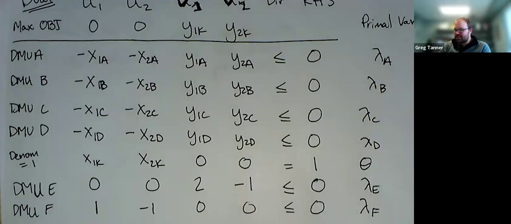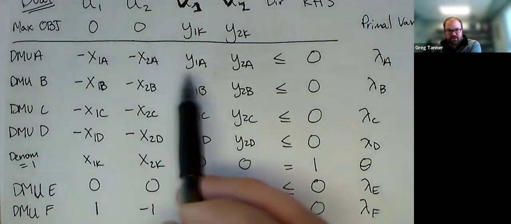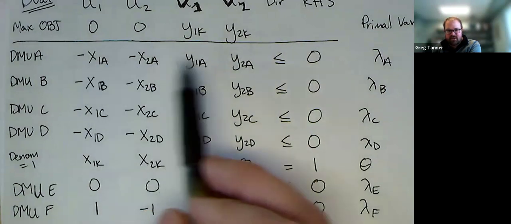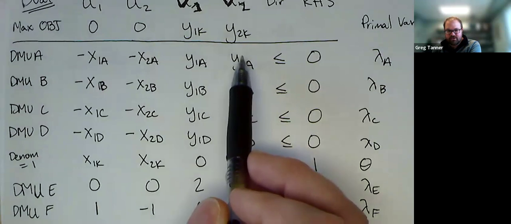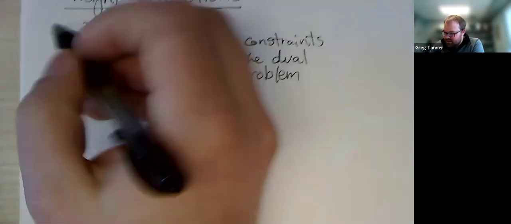But what would those imaginary DMUs correspond to? Matching things up, for each of our DMUs, if we look at one of these DMU constraints, we got negative of the inputs and positive of the outputs. So this DMU E, we can think of as a DMU with no inputs, 2 units of Y1 and -1 unit of Y2. Let's write it here.